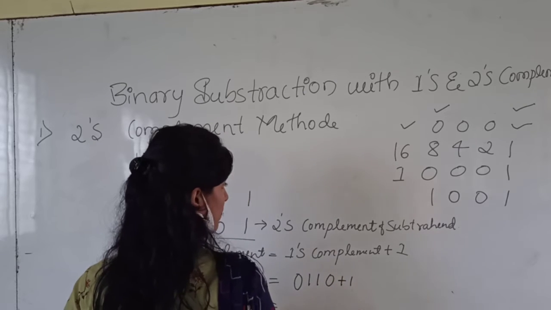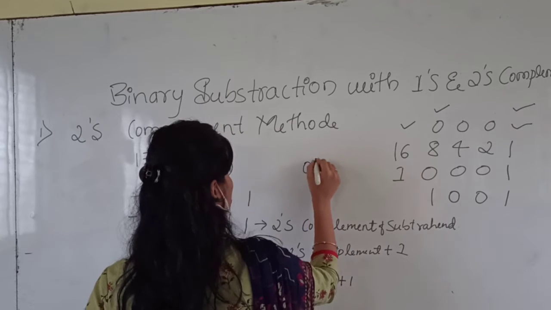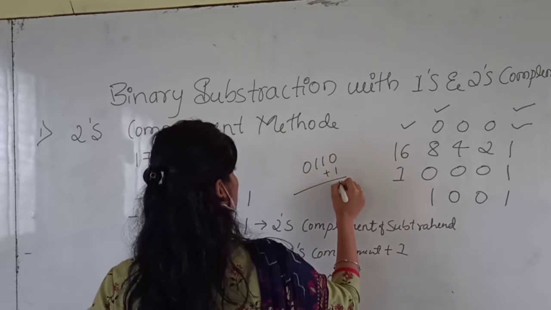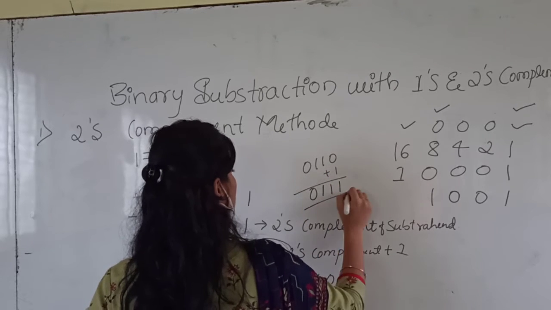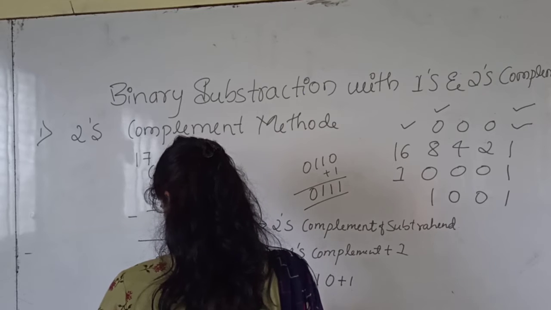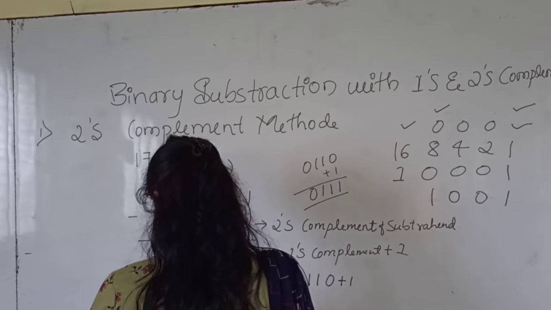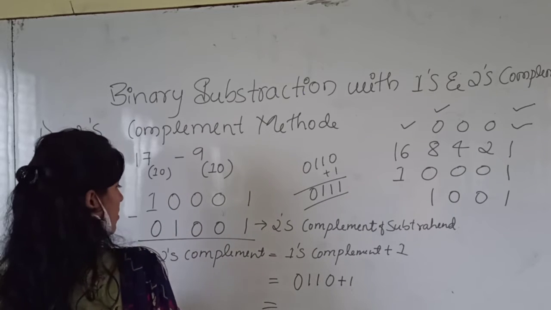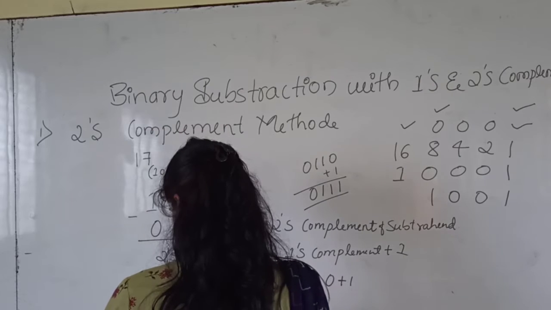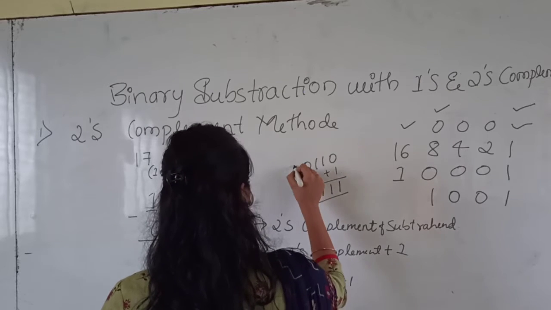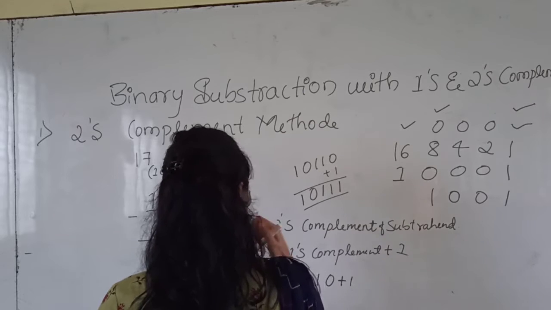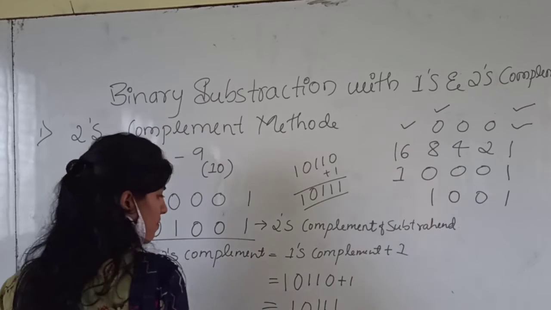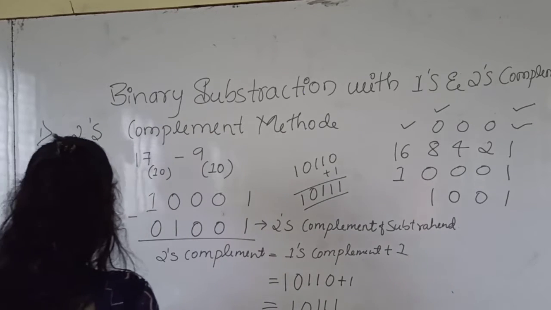It becomes, see, 0, 1, 1, 0 plus 1 means 0, 1, 1, 1. Here 0 will be there for binary addition, which means it becomes 1, 0, 1, 1, 1.